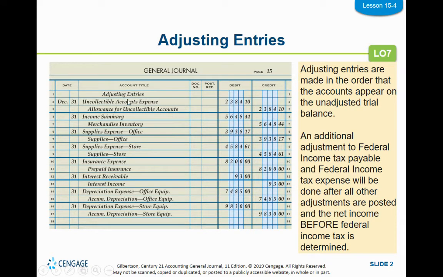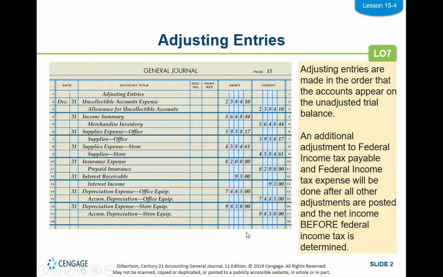And so that's the first one that you would do the adjusting entry for. And then you would do the income summary, and then your supplies and prepaid insurance, and then your depreciation. So you just follow down in the order that the accounts are on the unadjusted trial balance, and you adjust them as you work your way down.